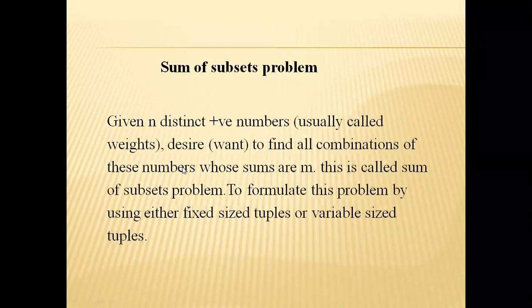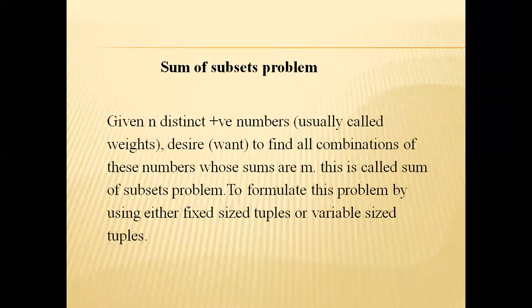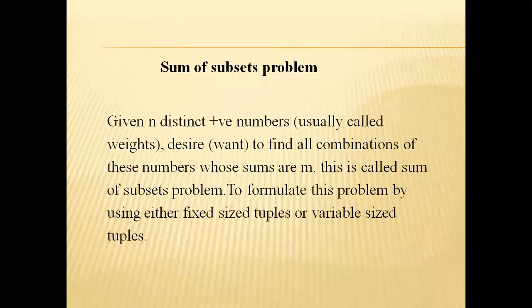Next, the second one is sum of subsets. In the sum of subsets problem, suppose there are n different positive numbers, called weights. The task is to find the combinations of these numbers whose sum is equal to m.